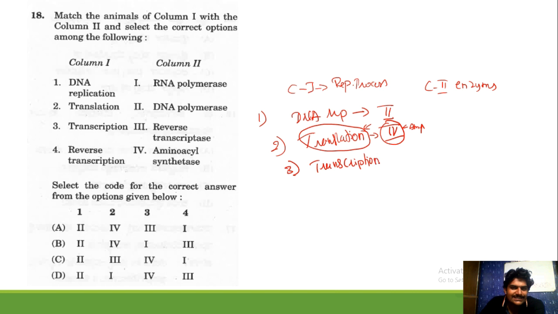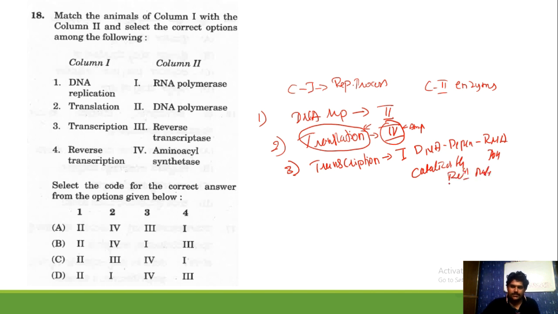For transcription, the right answer would be the first one, that is RNA polymerase. In the process of transcription, it is not just RNA polymerase, it is DNA dependent RNA polymerase, which catalyzes the reaction rate.